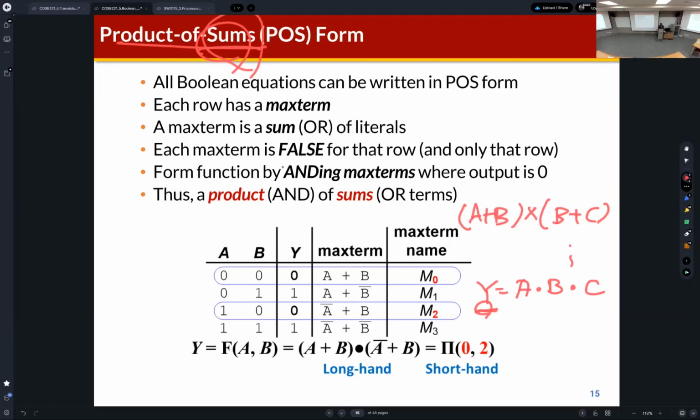So if all digital values of a and b and c are 1s, then we can make y 1, right? So it should be 1, 1, 1. Which means in order to generate product of sums from the truth table, in order to make y as 1, we need to make all terms 1s. So the output of these terms as 1.